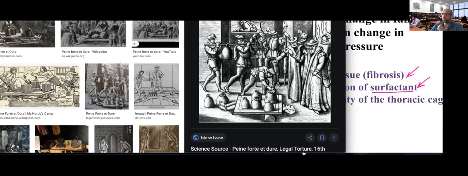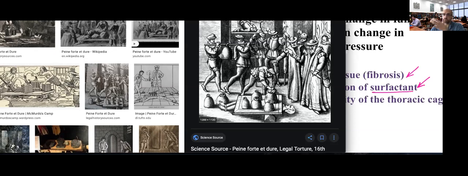Can you see this picture on here? Yes. All right, this is a legal torture back in the days. This is how they are committing this legal torture by adding weights on the chest of the person.